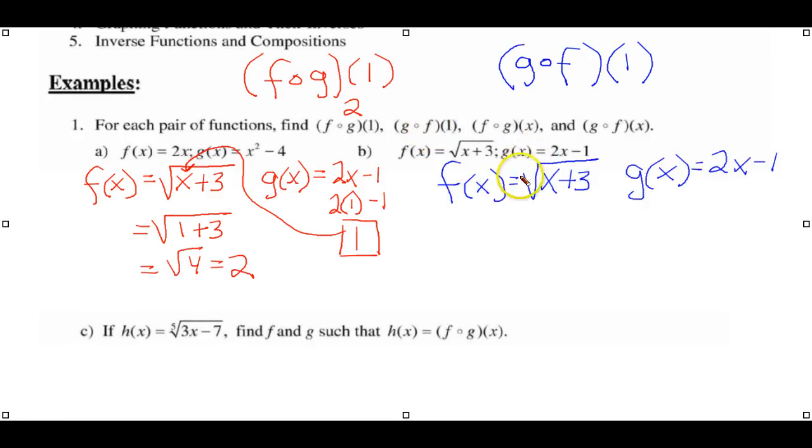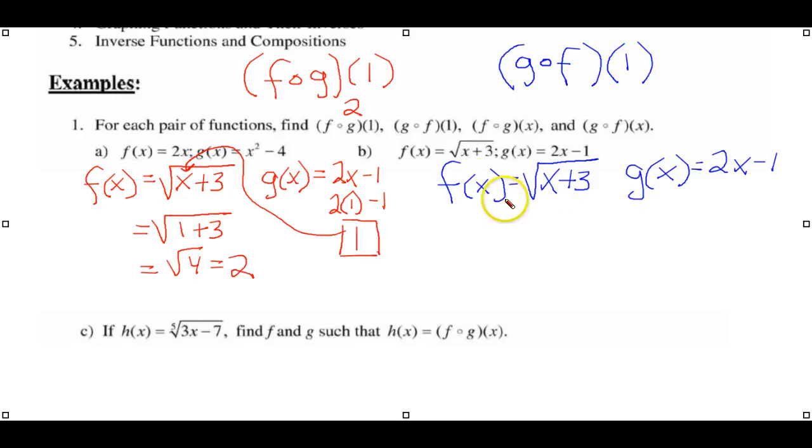Now in the second part, letter B, where we're going to substitute a 1, but now we're going to do G composed of F, where we're going to use a 1.